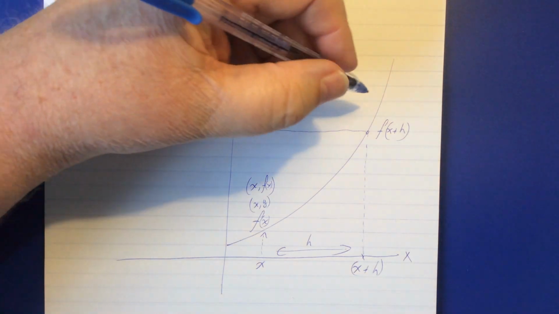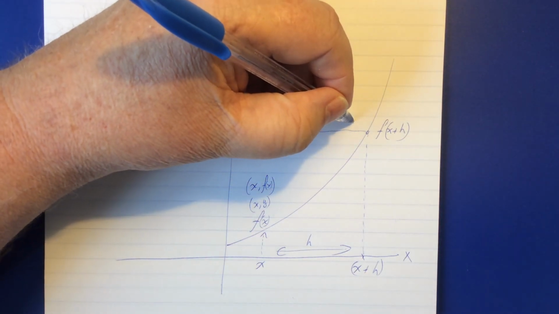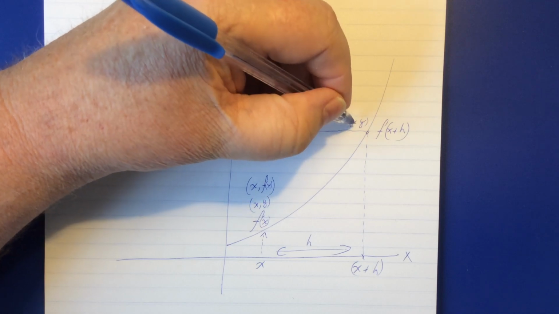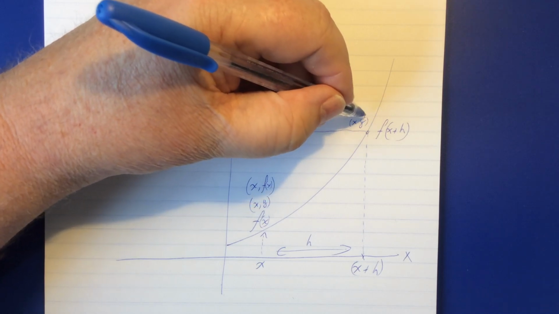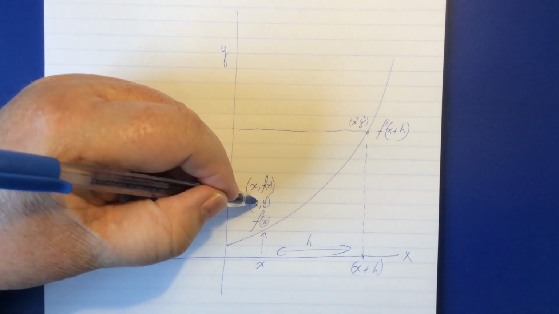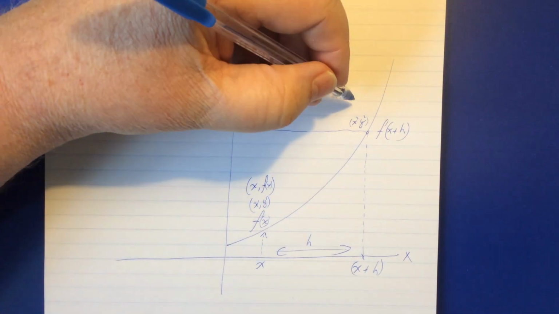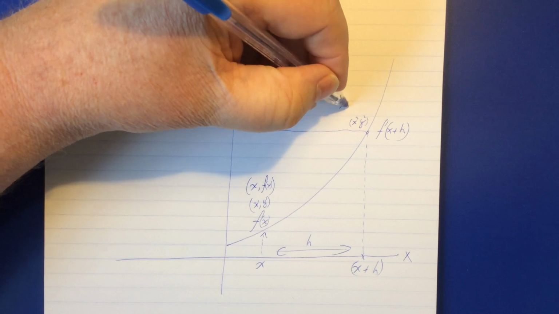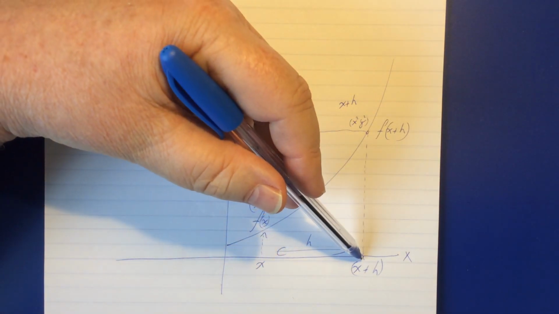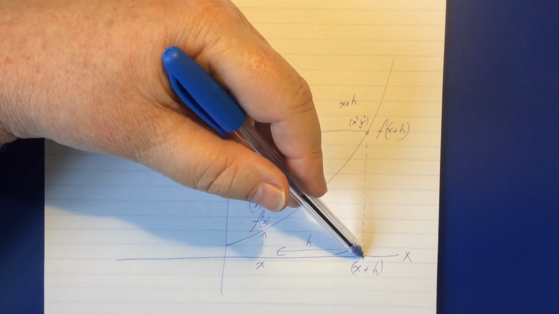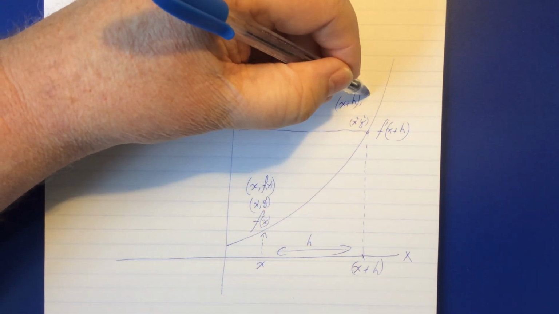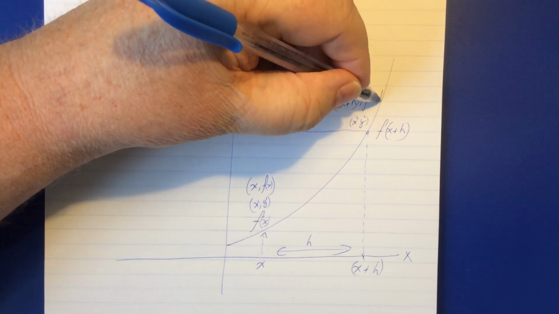Okay, so we could write this as x and y again, and because we've got two of them, we might write x2 and y2, and we might call this x1 and y1. But we could also write this as x plus h, which is the distance that we've added to get to here, function of x plus h.